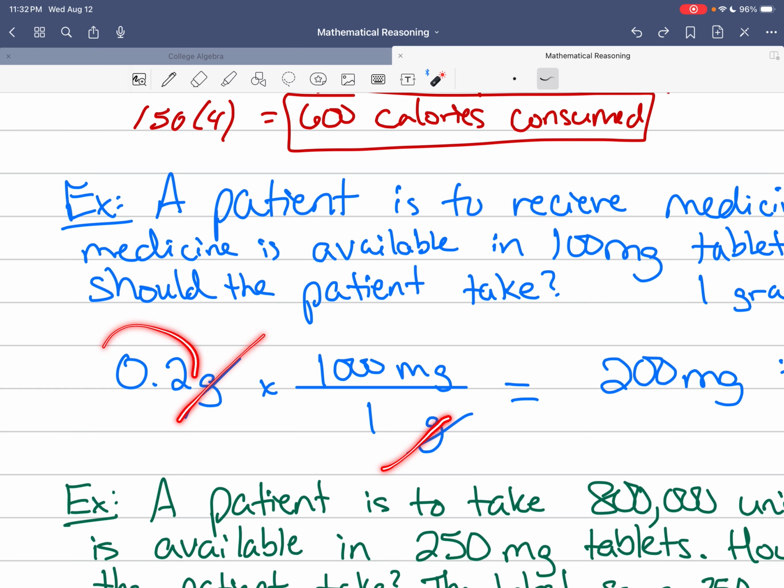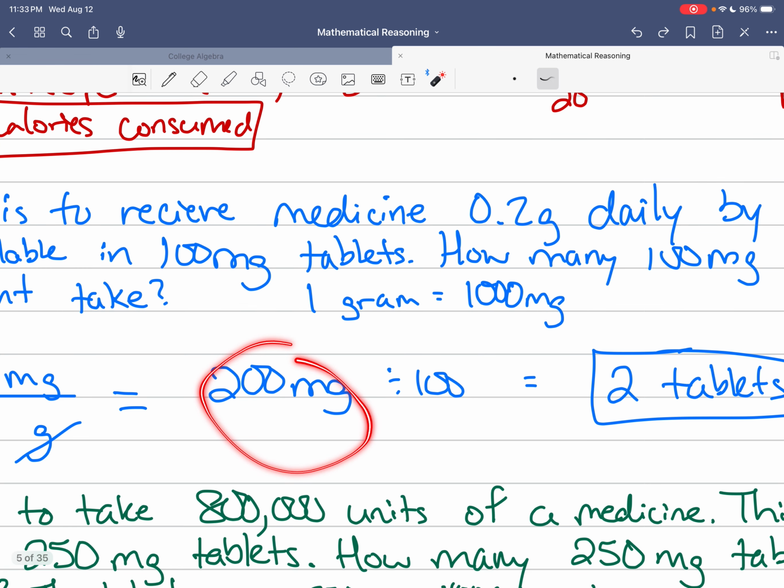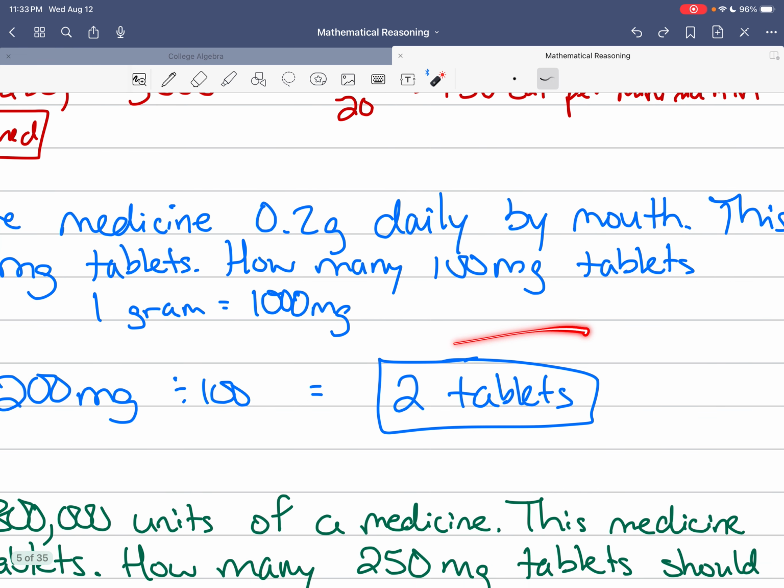Grams cancel. 0.2 times 1,000 ends up being 200 milligrams needed. So this is how much medicine our patient needs. They need 200 milligrams. Well, if the tablets are 100 milligrams each, we're going to divide 200 by 100, and that tells us that our patient needs to take 2 tablets a day.